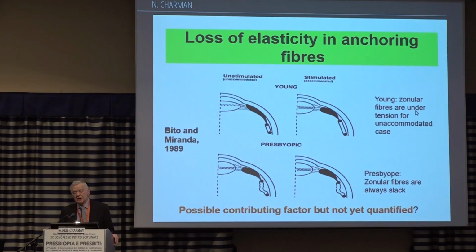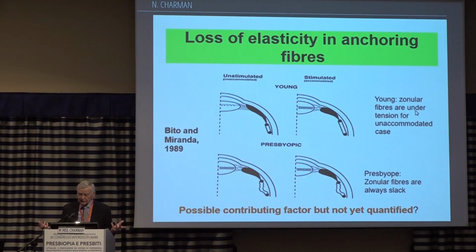What about elasticity in the anchoring fibers, which was what Beto and Miranda suggested? At the top, you'll see the young situation. They're suggesting that the anchoring fibers pull on the ciliary muscle and help it in its movement, and that perhaps part of presbyopia is caused by those shown at the bottom, where those fibers become slack.